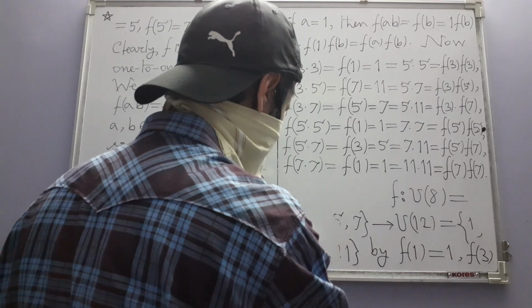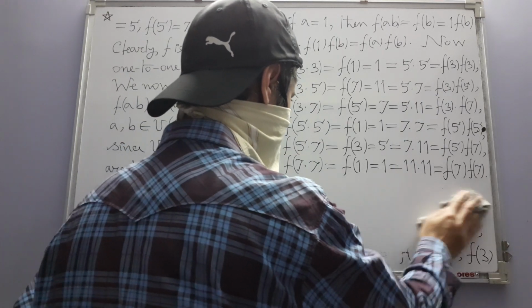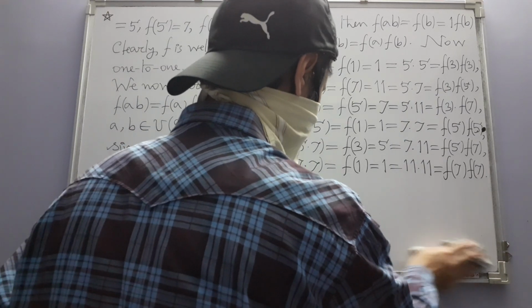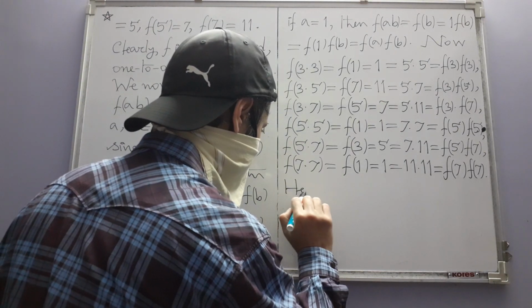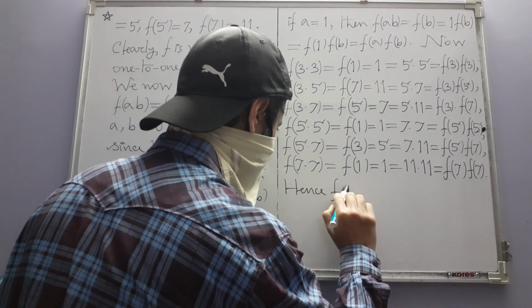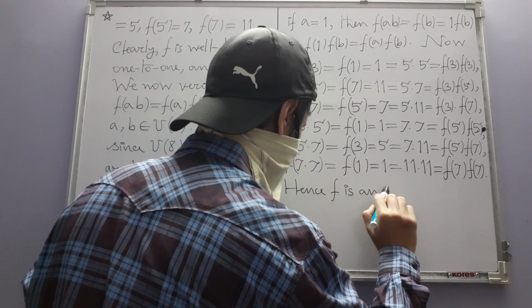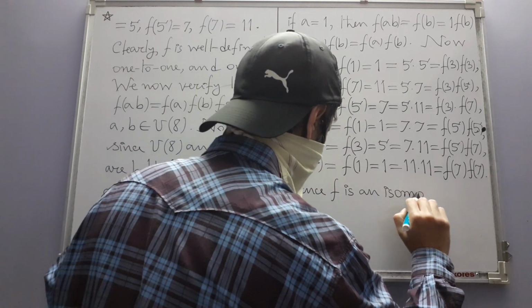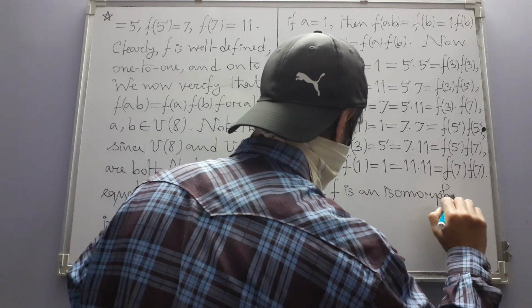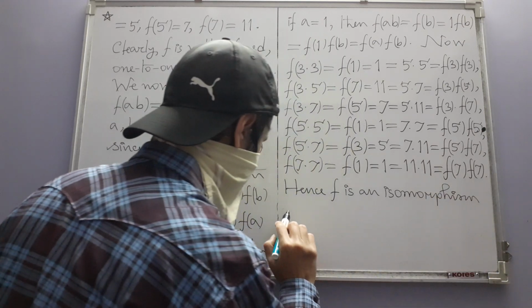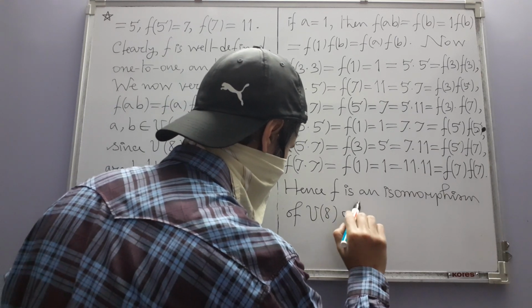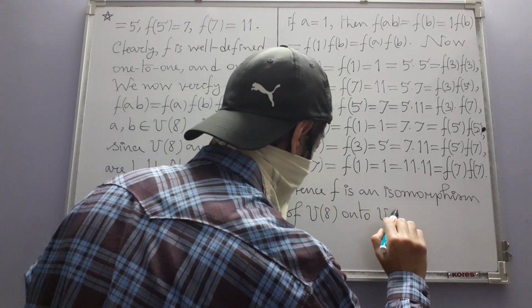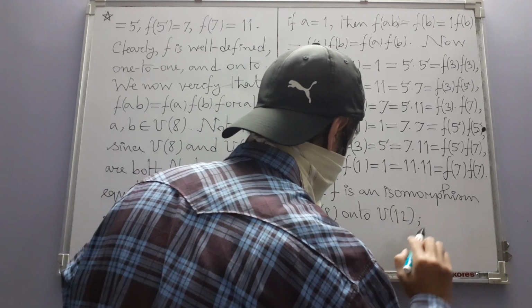Hence, f is an isomorphism of U8 onto U12.